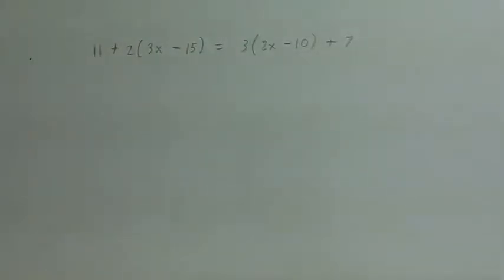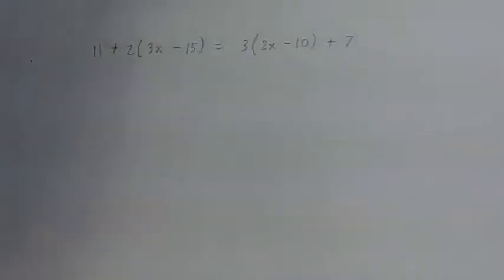Alright, let's look at this next equation. This is also getting us into sort of the more complicated problems, but this is about as complicated as they get for linear equations. Basically, you have some stuff to simplify on each side, then you're going to move things around and you try to get x's on one side, everything else on the other.